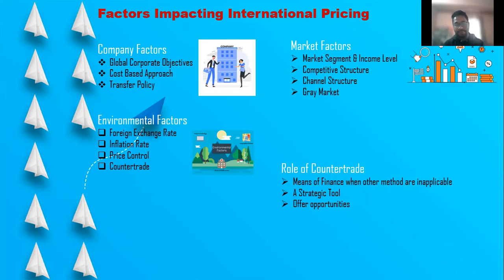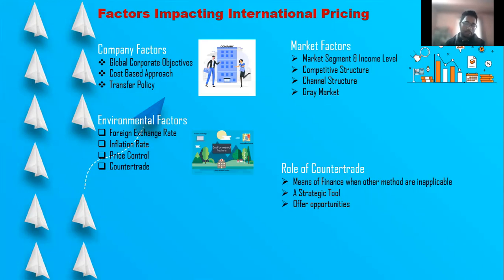That's why sometimes you can see that entrepreneurs or distributors buy products in a lower-priced market and re-export the product in another country. Then the third point was environmental factors that impact pricing strategy. The macro environmental factors mostly impact the pricing strategy, especially the foreign exchange rate and the inflation rate, price control by the host and home country governments or the political parties, and the counterfeit system.